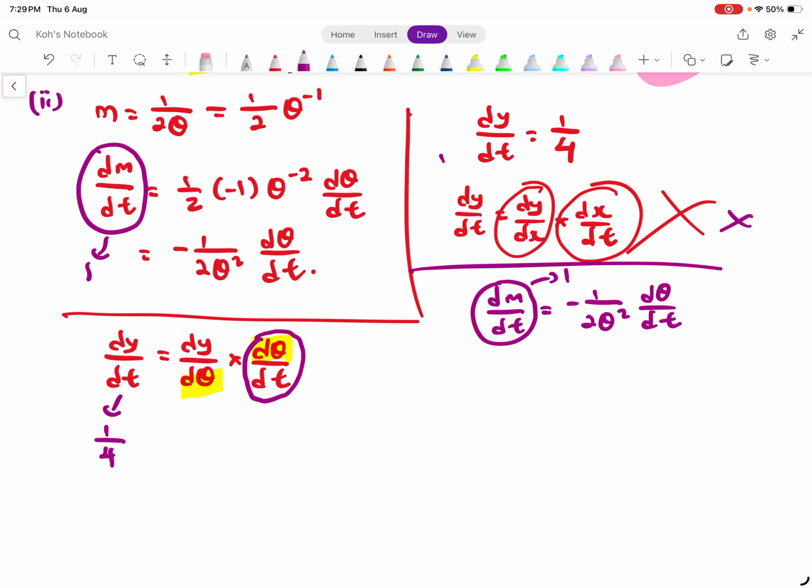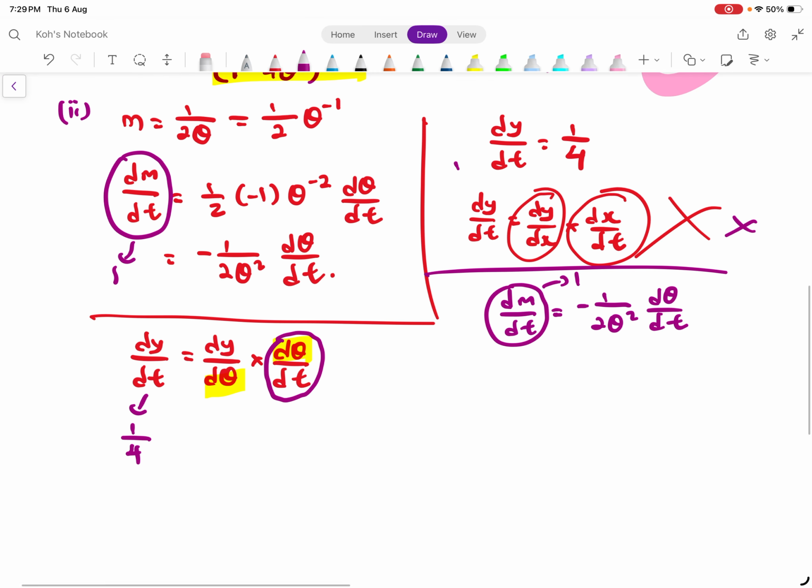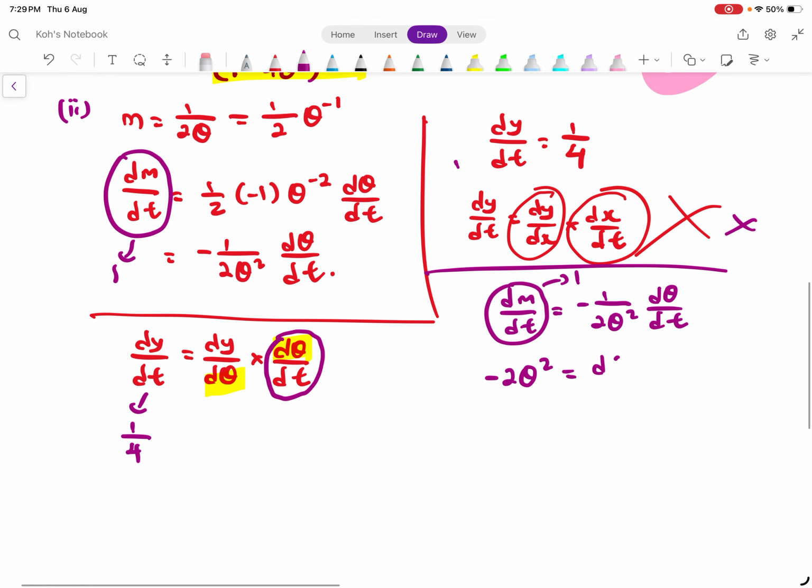So just do the simplification. This will give you minus 2 theta square is equivalent to d theta/dt. Then you can just do the replacement, so this one just sub inside.